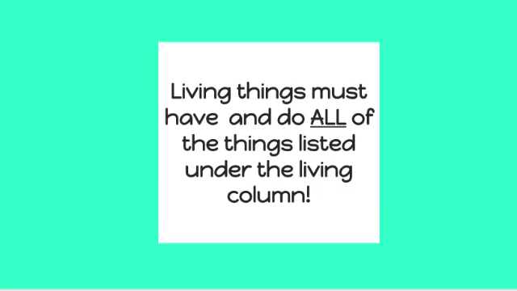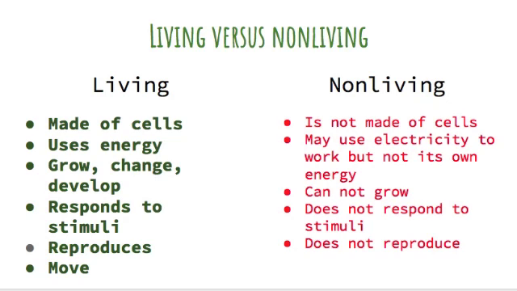Living things must have and do all of the things listed under the living column, okay? If an object only meets 3 of the things listed under the living column, then it is still just non-living, okay? So if you take a look at the non-living column, you can see that objects such as a camera is not made out of cells.